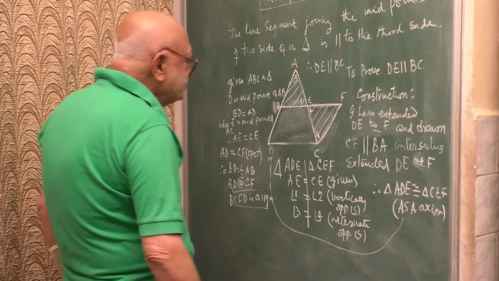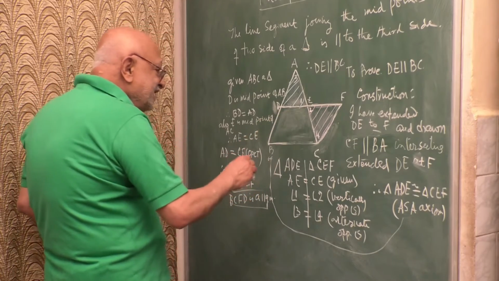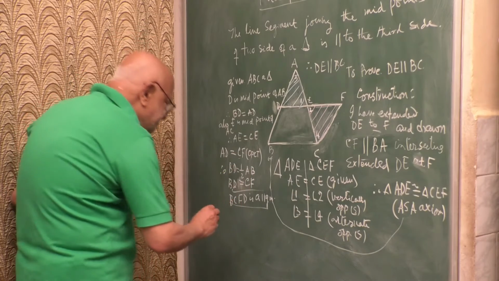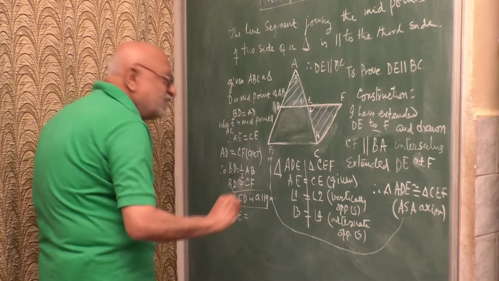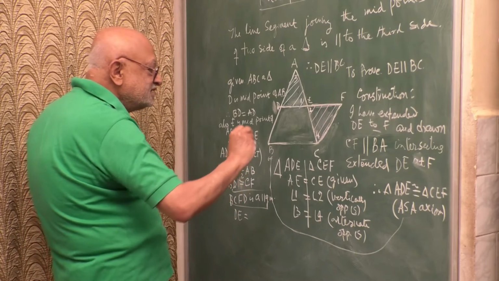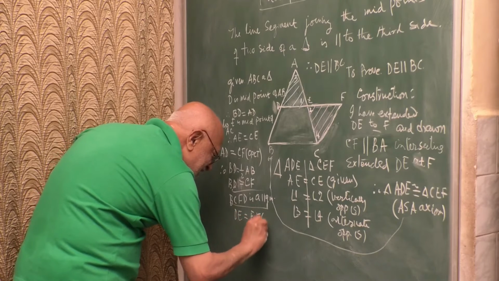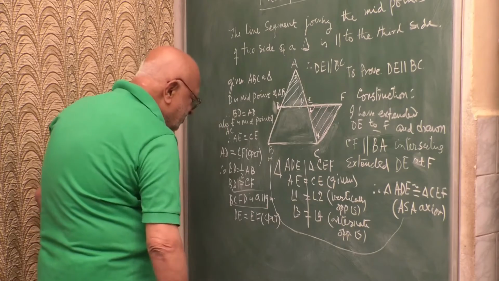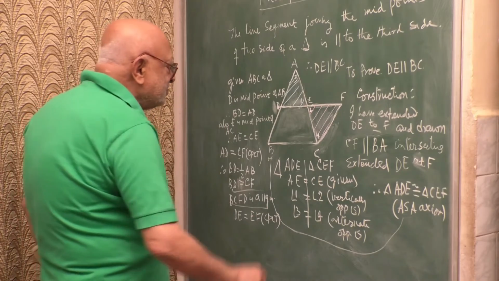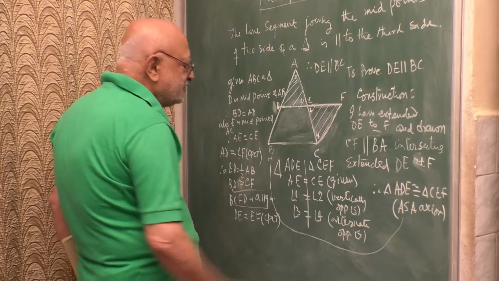Also, you can easily see DE is equal to EF by CPCT. So this is parallel to this one.